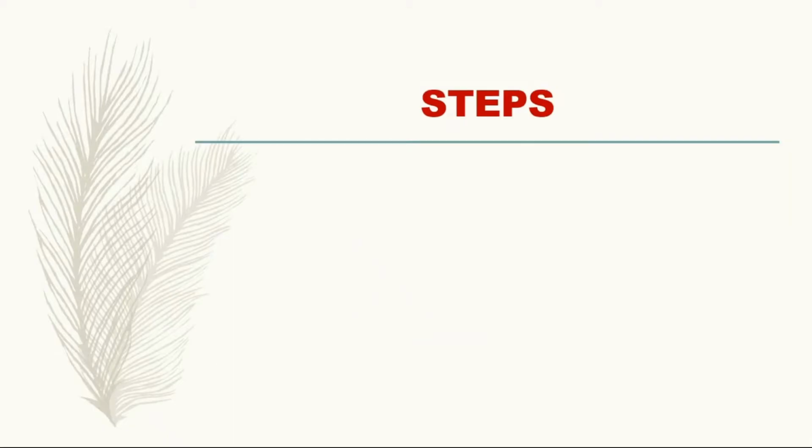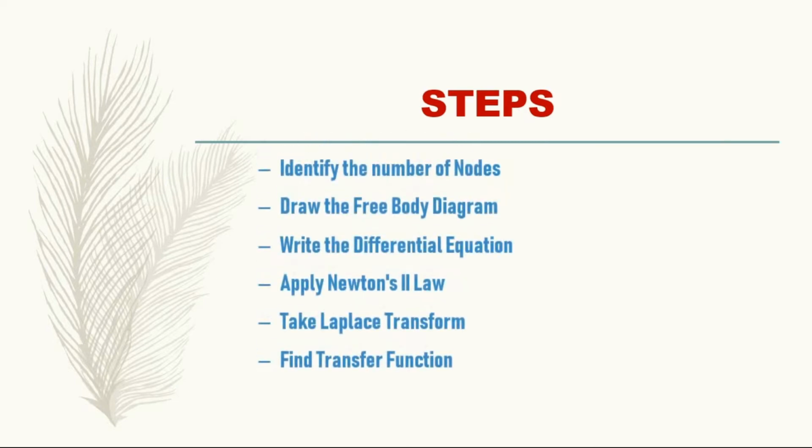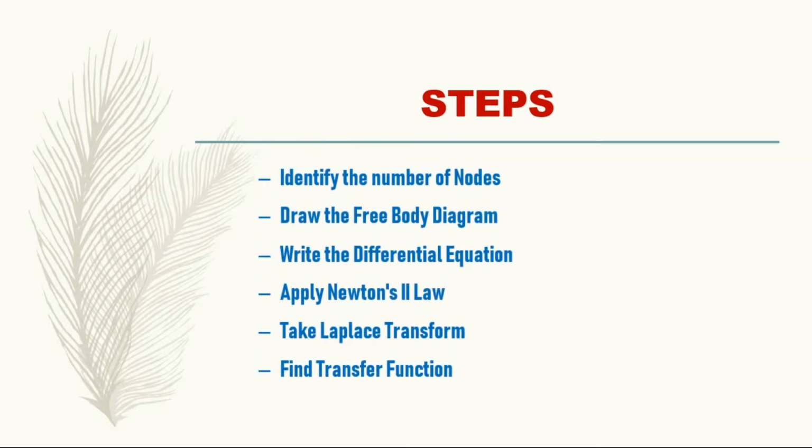Okay, so the steps to solve the problems are: first step is we need to identify the number of nodes. Second, we need to draw the free body diagram for each node, and from the free body diagram we are going to write the differential equation.